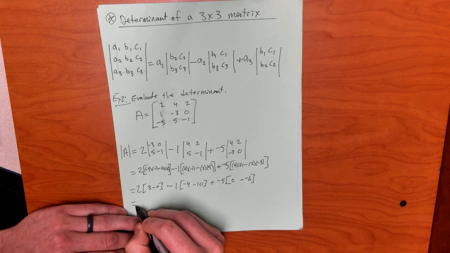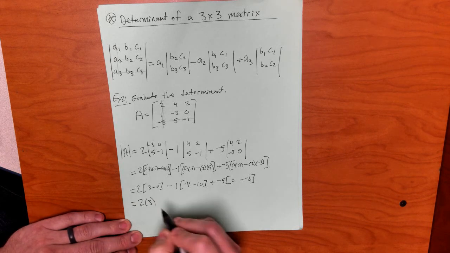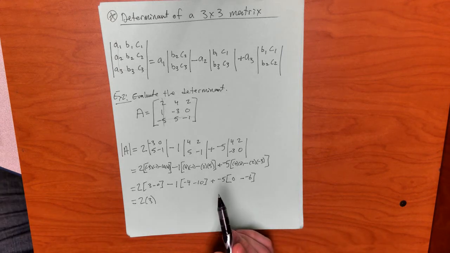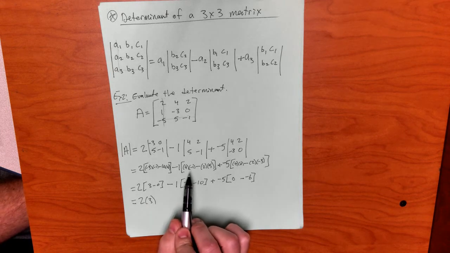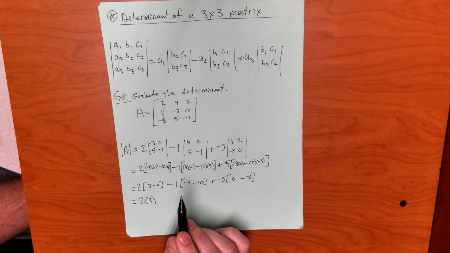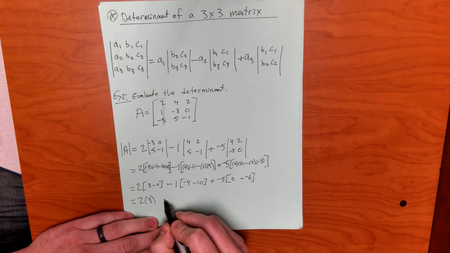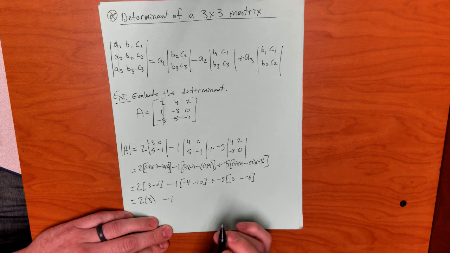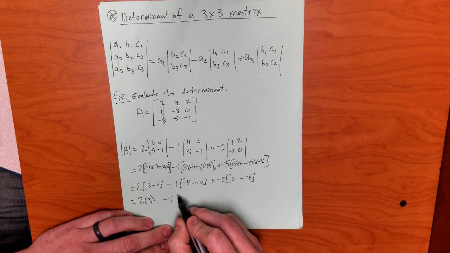And now let's do some simplifying. This is 2 times 3. I'm going to write it as a parenthesis now because the brackets don't matter anymore. Just to remind you, I only wrote brackets up here because too many parentheses can become confusing. So that's the only reason we're using brackets up there. Then this is minus 1, which we don't have to keep writing, but I'm going to just for emphasis, so you can follow along in your notes later.